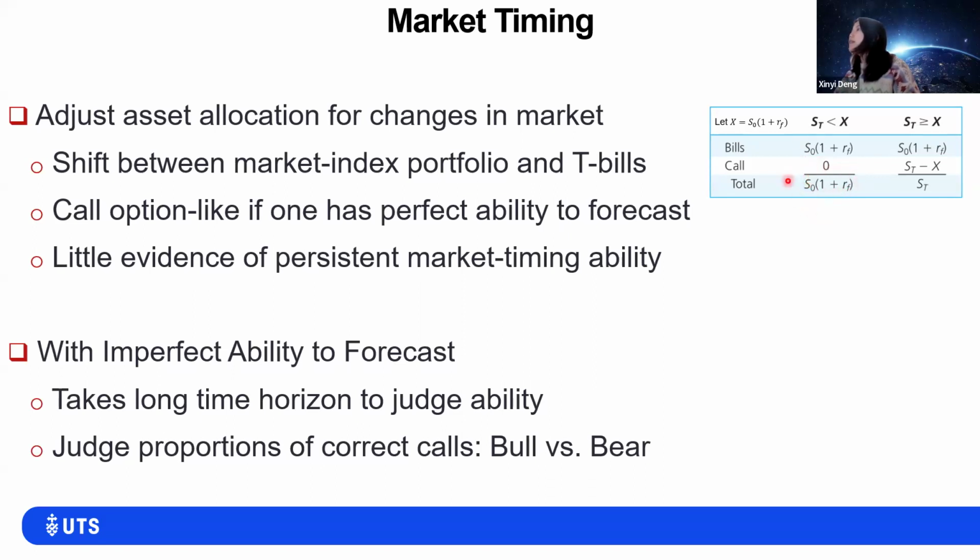So the total payoff of the combination of bills and call when ST is smaller than X would be S0 times 1 plus RF.